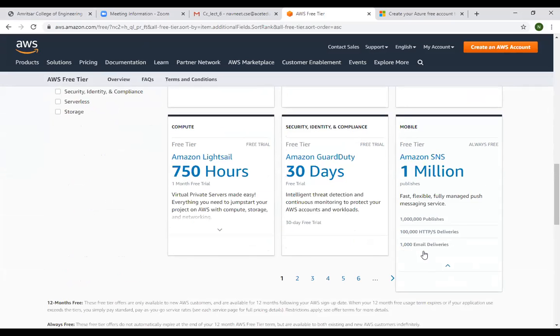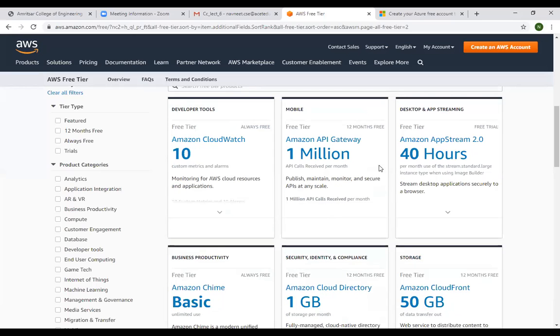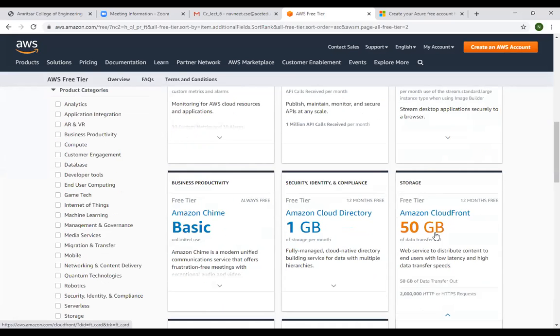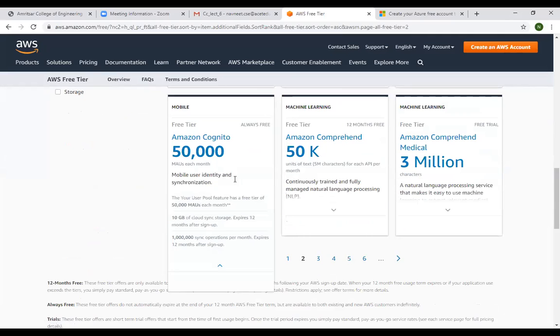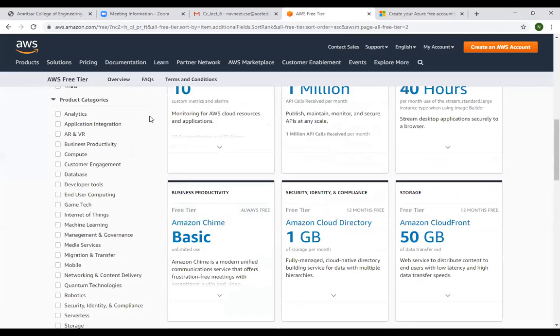Any number of services are here in the free trial tier: Amazon CloudWatch, API Gateway, Application Stream Basic, 1 GB, 50 GB, Cognito, and Comprehend Medical. So these are the free tier services.